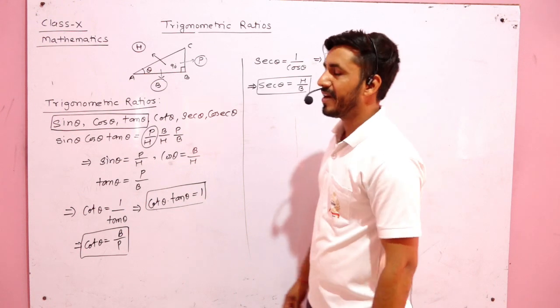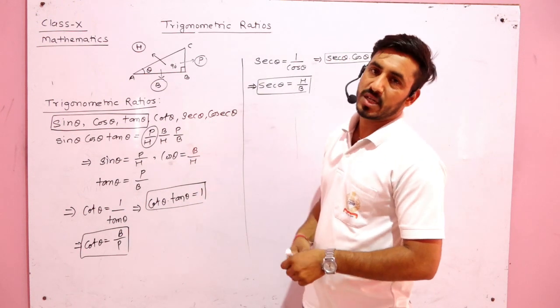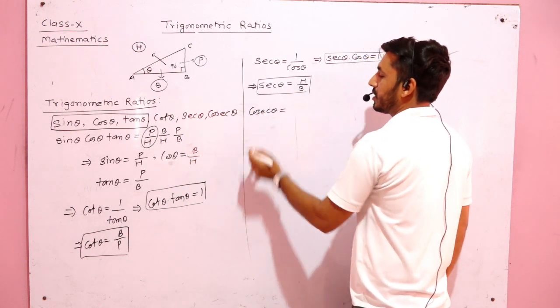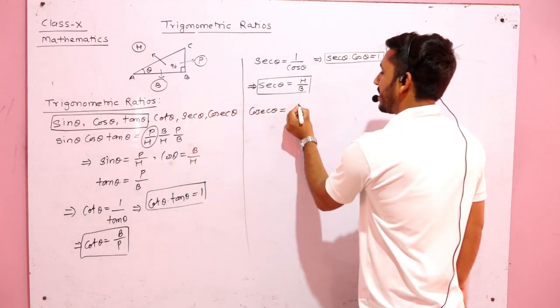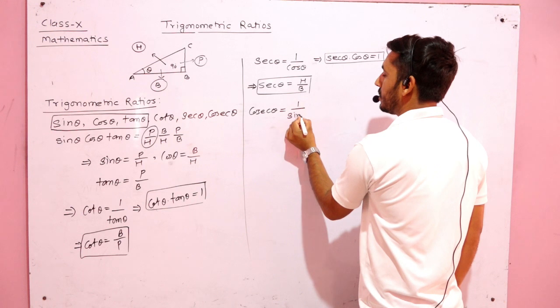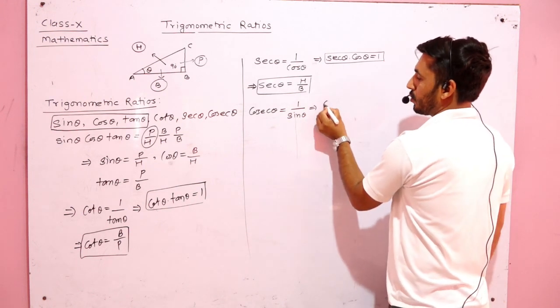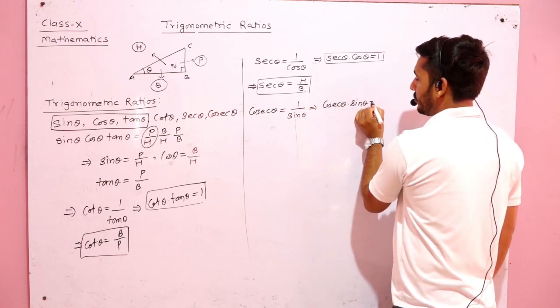In the next and last condition, last but not least, cosec theta. We know cosec theta will be the opposite of sin theta, so I can write 1 upon sin theta. From here the relation obtained is cosec theta dot sin theta is equal to 1.